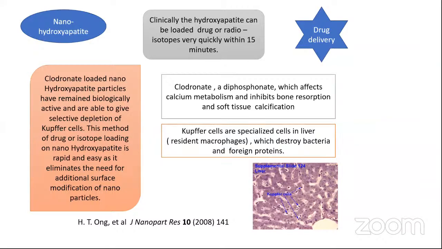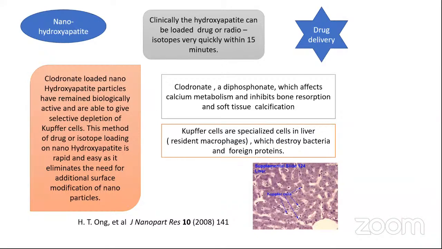That is a very good achievement, because if it is done quickly, we can achieve the benefits as early as possible. Now, clodronate-loaded nanohydroxyapatite. Clodronate is a bisphosphonate which affects calcium metabolism and inhibits bone resorption and soft tissue calcification.